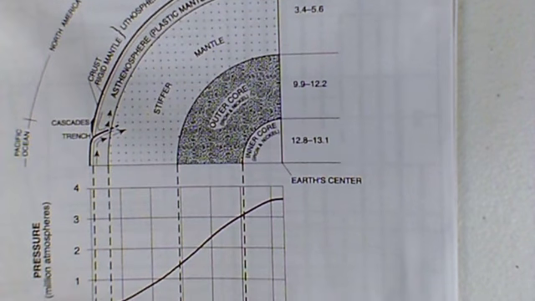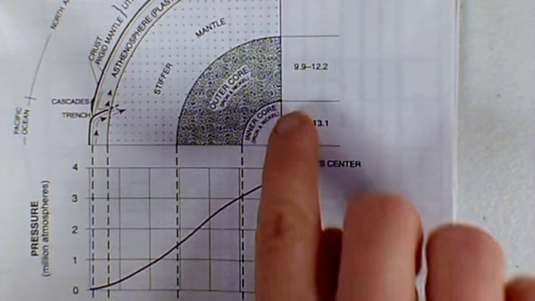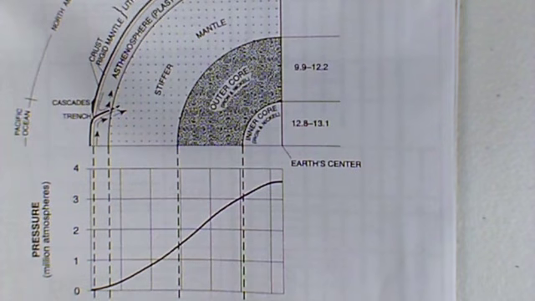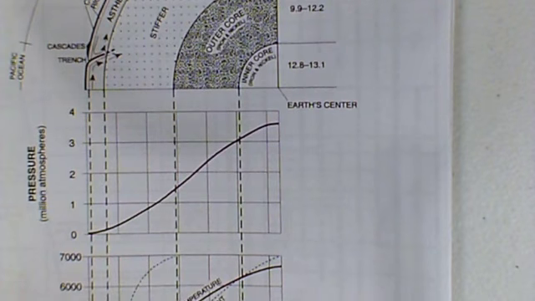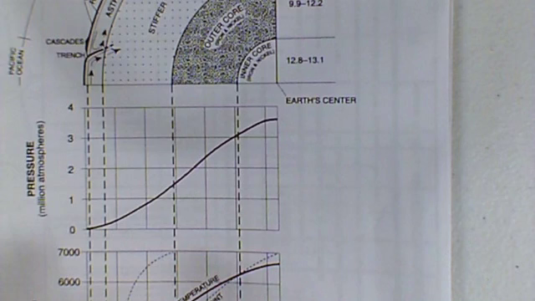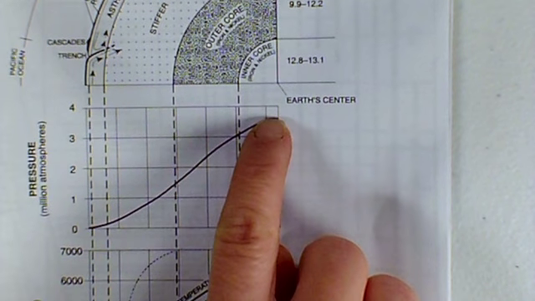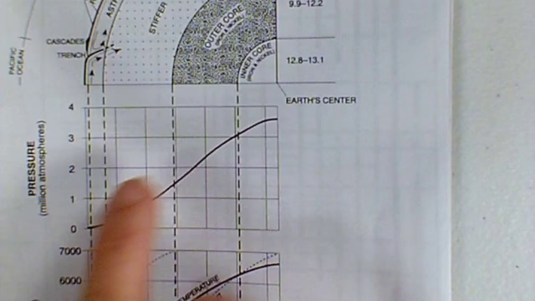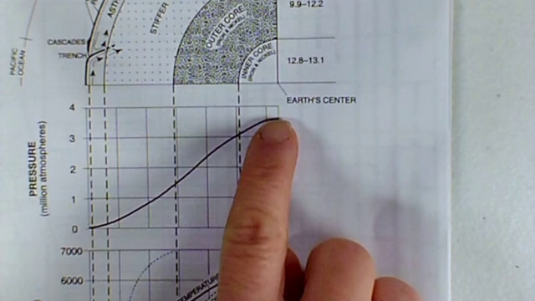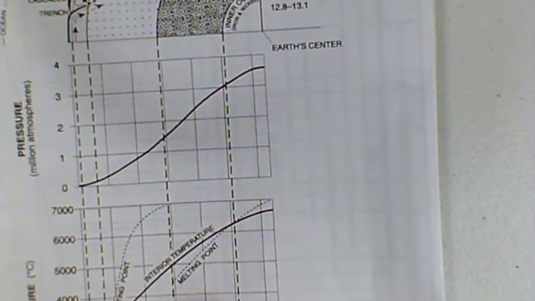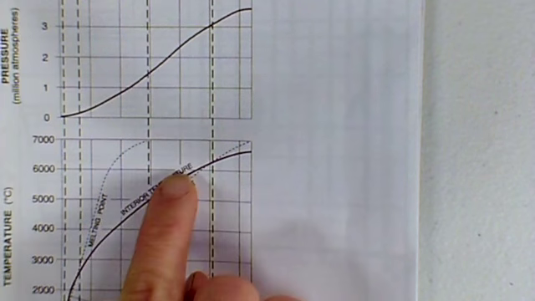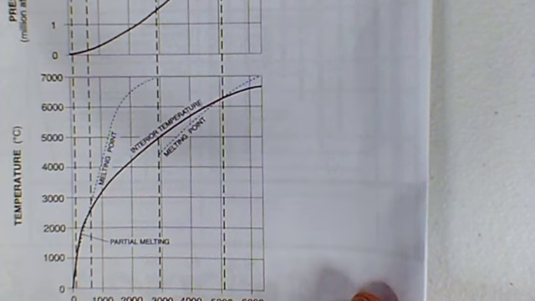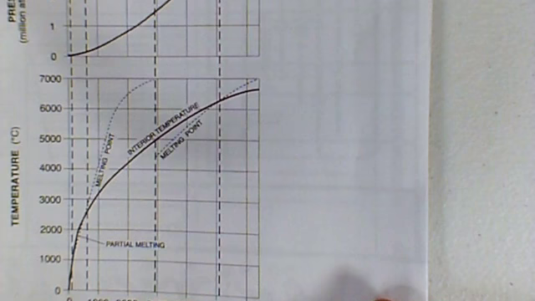Another thing we see here, and as we follow these lines down, these lines show the data for the different layers of the Earth. We're focusing on the core right now. We can see that pressure increase. Okay, we see that pressure increase as we go towards the center. We also see the temperature increase as we go towards the center.